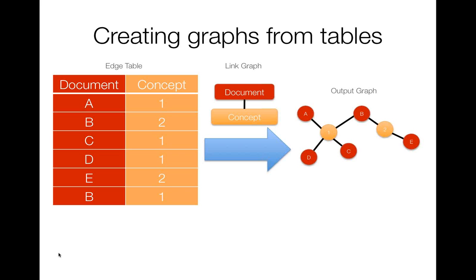So if we wanted to see what documents were linked to what concepts, we could create a link graph that will just link here in the middle the document field to the concept field. For every row in the table, it'll create one link, and then you end up with this output graph. So this is most often the use case that you'd be looking for, where you're just linking two columns together.